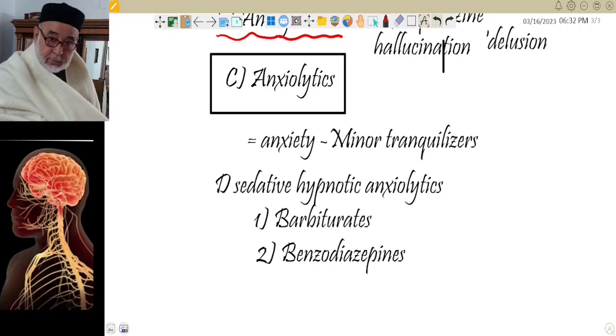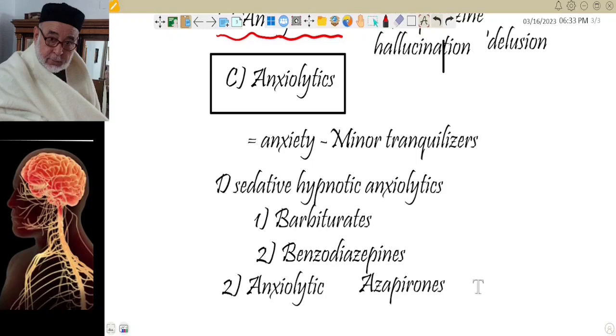Another group which has only anxiolytic effect, without sedation or hypnosis, includes a group known as azapirones. Azapirones, like buspirone, like ipsapirone, as we will mention in a few minutes, are anxiolytic drugs without producing any sedation or hypnosis.